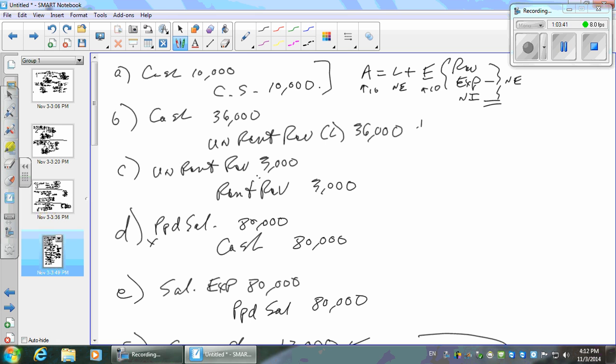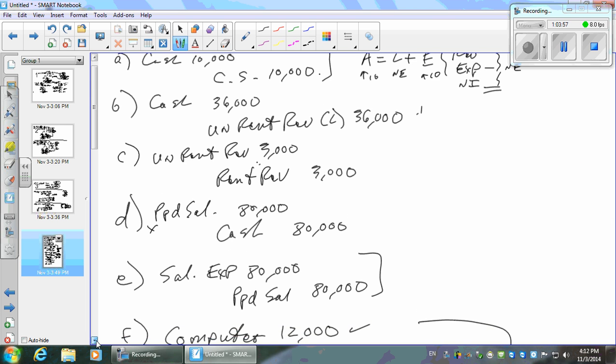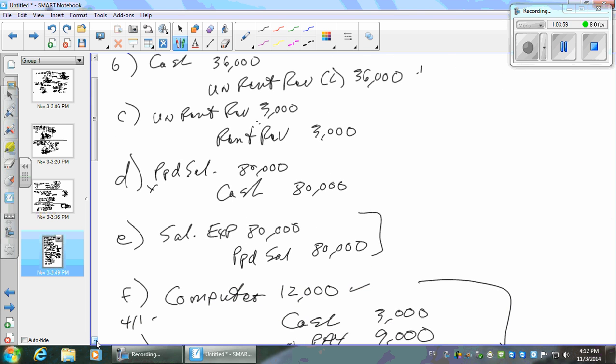Okay, let's see. The adjusting entry for management salaries. So that was this one in E, down here, right? What's the impact of that thing, you guys? Assets equal liabilities plus equity. You don't have to write these down unless you just want to.